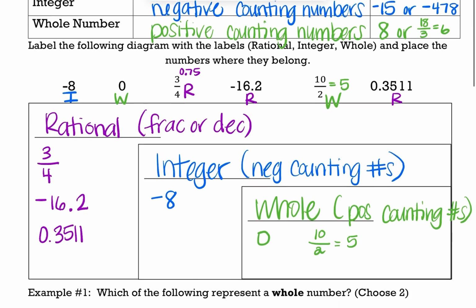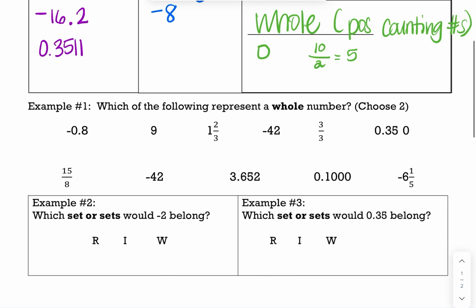All right. So let's look through our first example. It says, which of the following represents whole numbers? And it says to choose 2. So just to remind myself, whole numbers are positive counting numbers, okay?